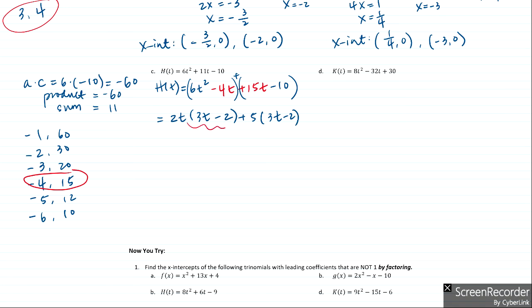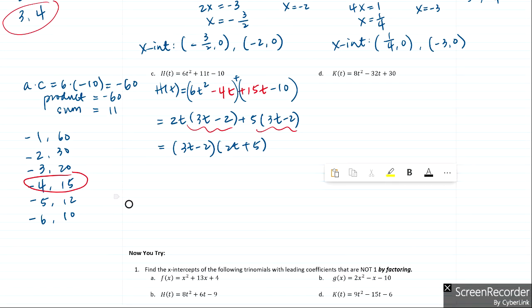Once we notice that 3t minus 2 is in common, we can go ahead and factor that out. As a common factor, that leaves 2t from the first group, positive 5 from the second group. To find the x-intercept, we're going to go ahead and set each expression in the parentheses equal to 0.